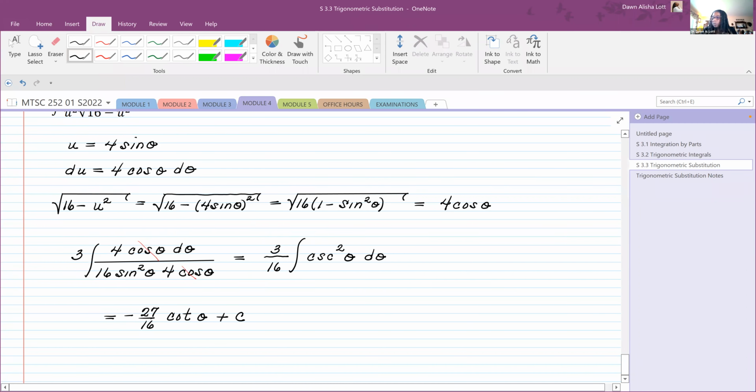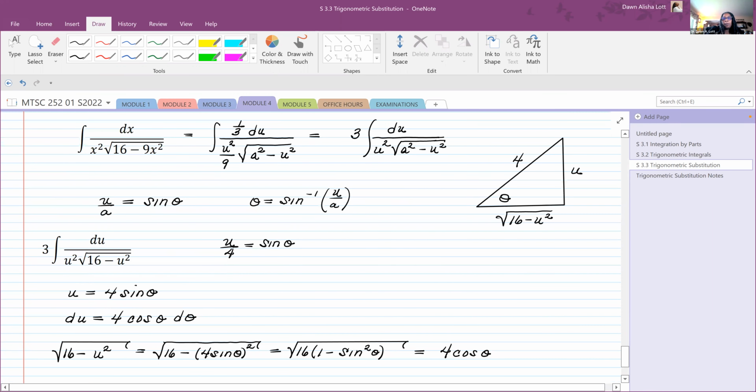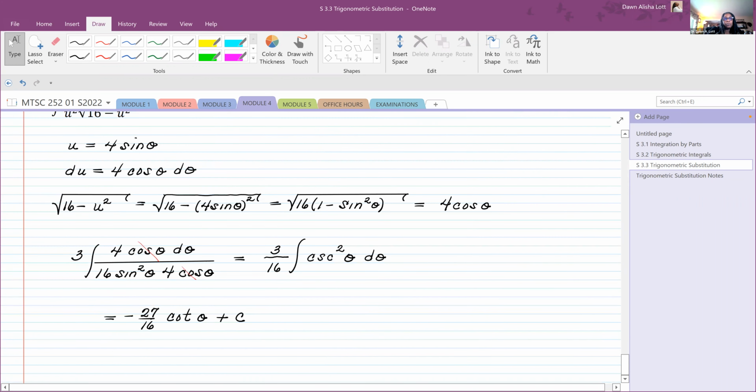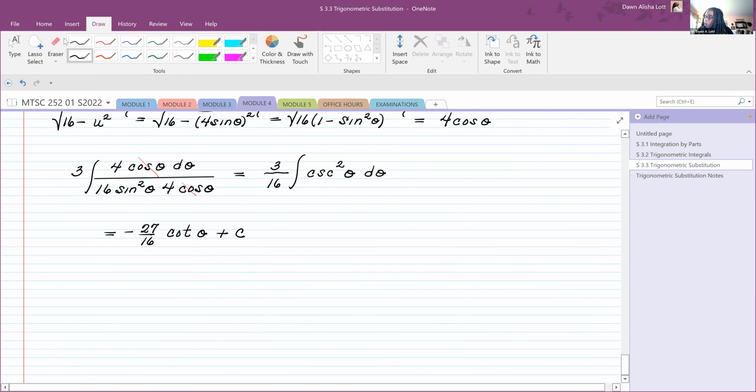All right, so what's the cotangent of theta? You see the cotangent of theta? The cotangent of theta is the square root of 16 minus u squared over u. So this is negative 3 times the square root of 16 minus u squared over u.